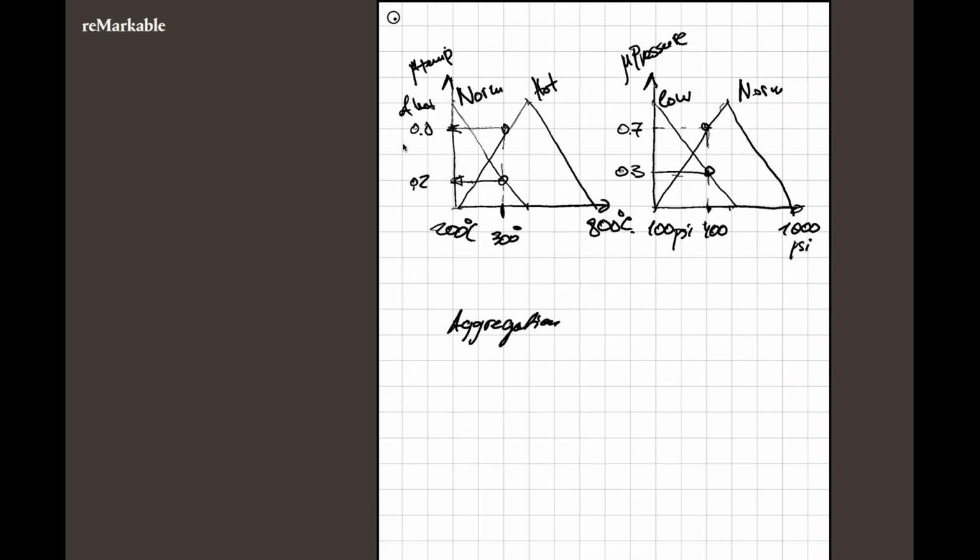Aggregation of rules and outputs. So what does it mean? This input should be considered together now with the output set, and the output set may look like this.